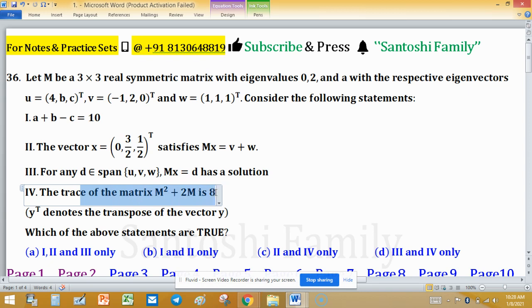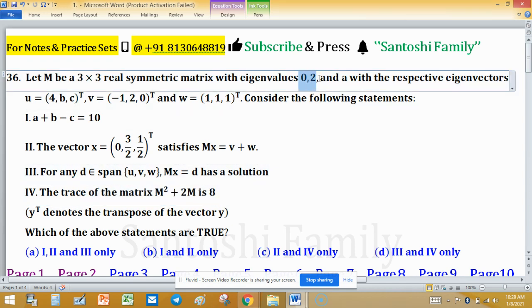The trace of the matrix M square plus 2M is 8. We know all the eigenvalues: 0, 2 and 2. So we can find the eigenvalues of M square and 2M, and the sum of eigenvalues is the trace. So we can check whether this trace is equal to 8 or not.